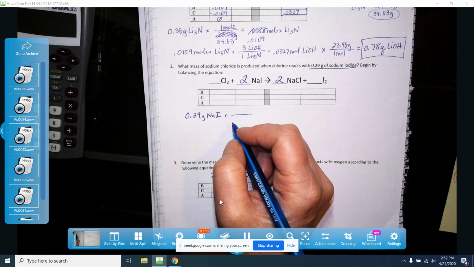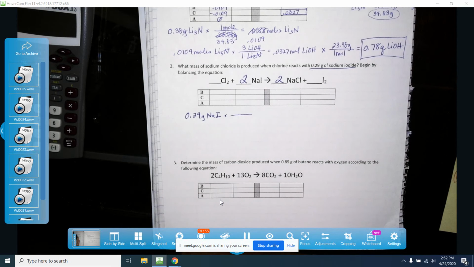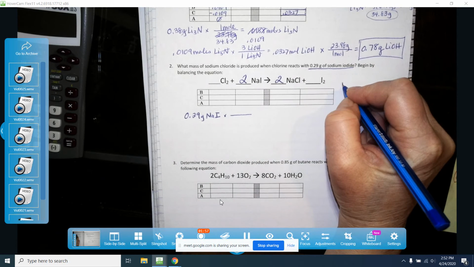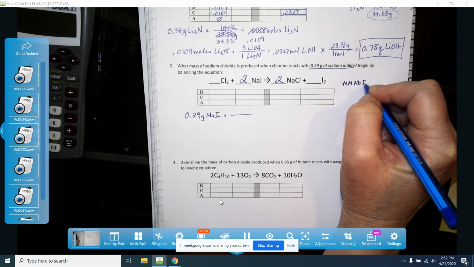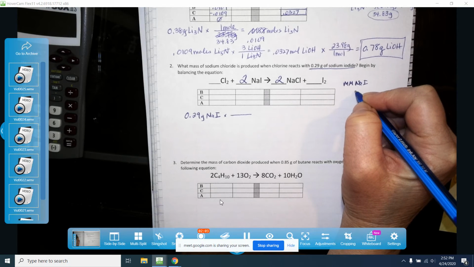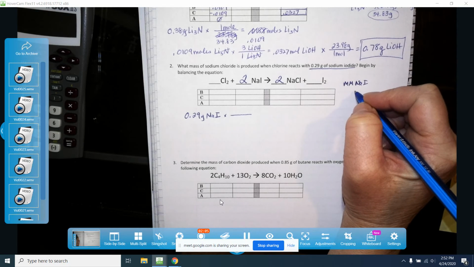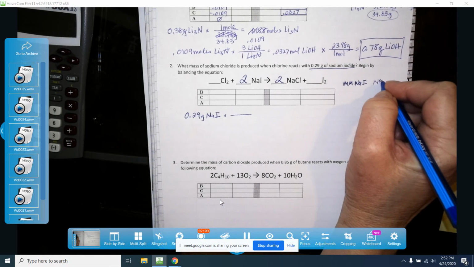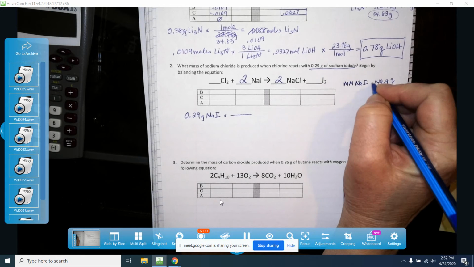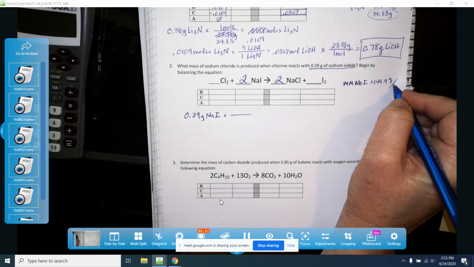So the molar mass of sodium iodide, NaI, is 149.9 grams per mole.